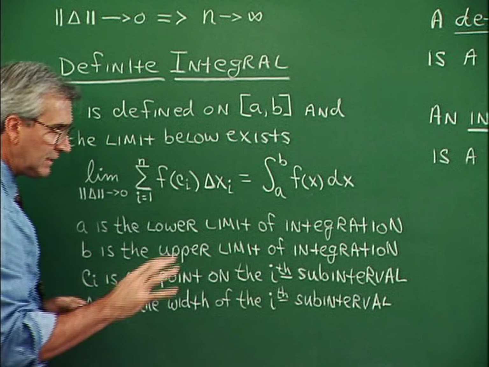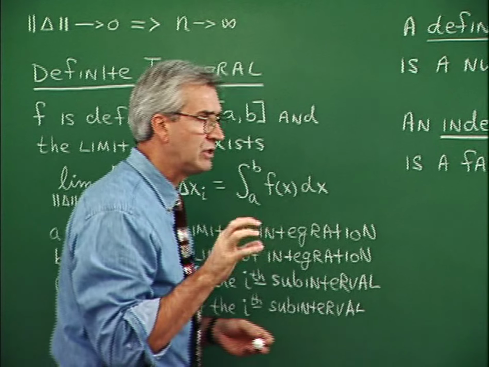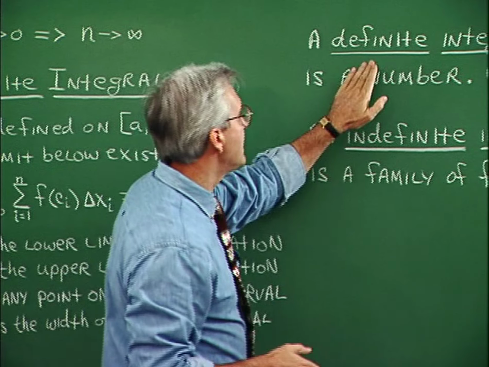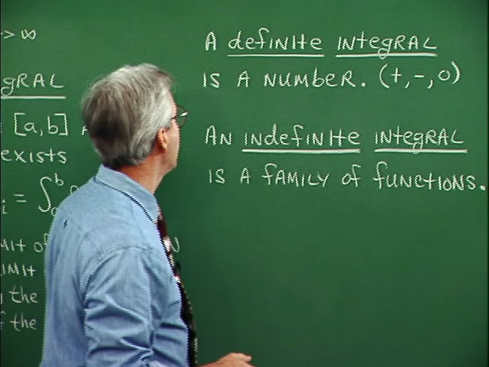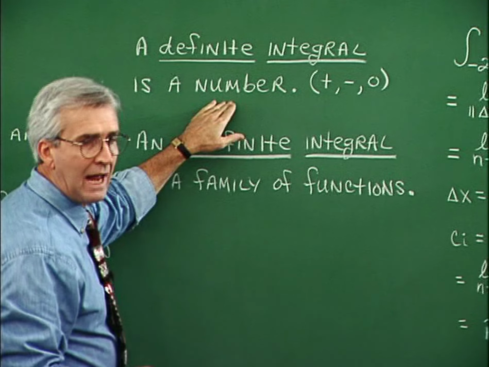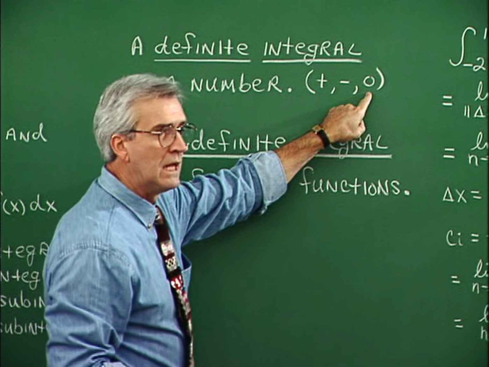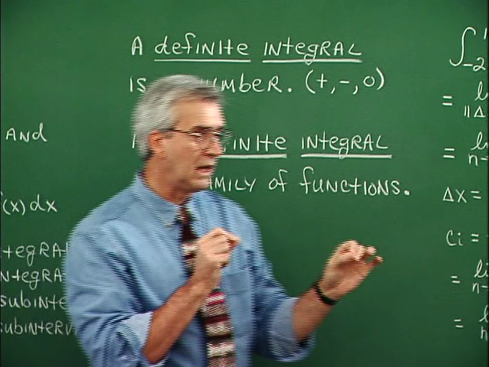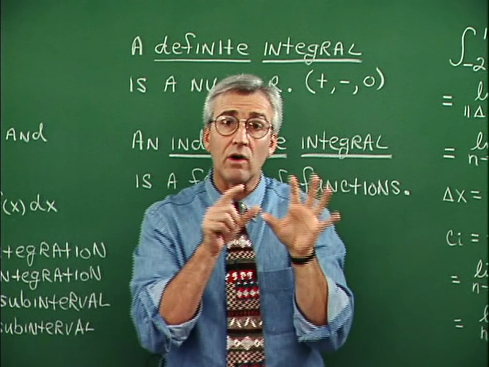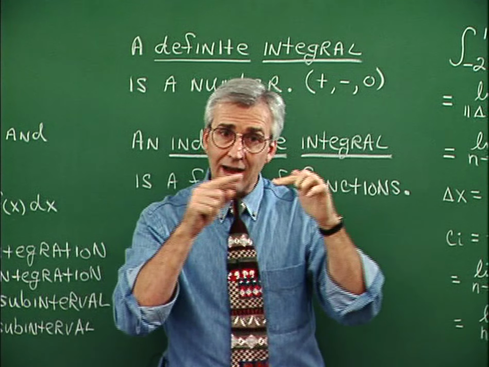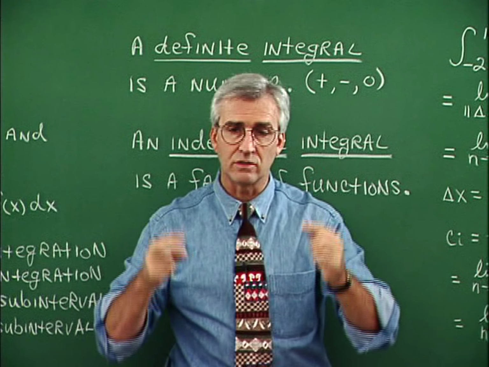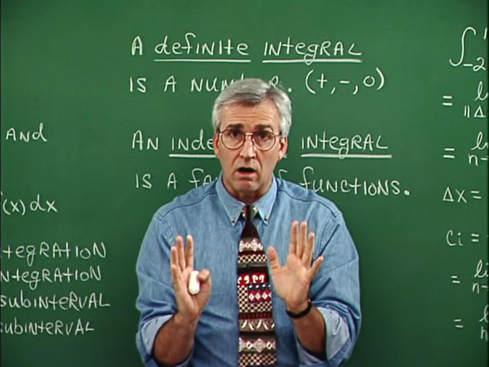Okay, it's important for us to establish and understand that a definite integral that we're just defining here is a number. And that number can be positive, it can be negative, or it can be 0. Now it seems like we are relating the idea to an area between the graph of a function and the x-axis and within an interval, and we are.